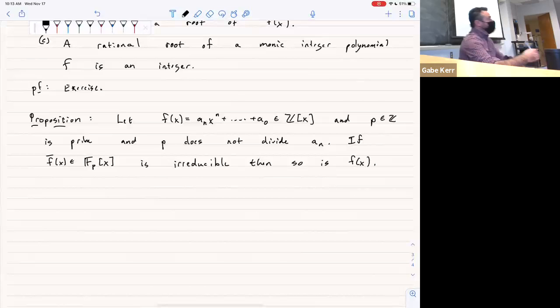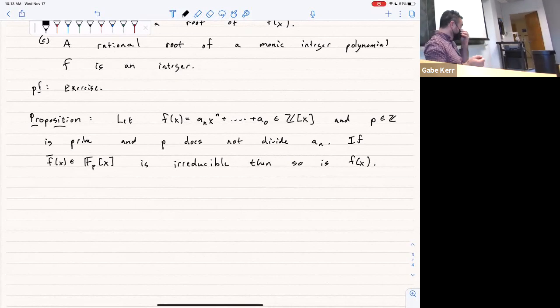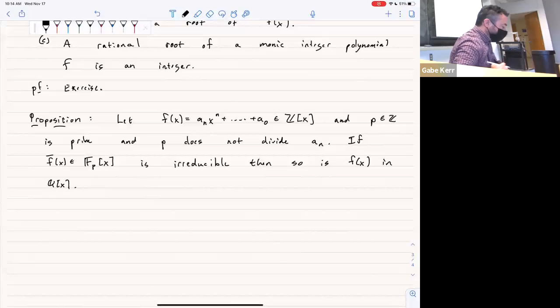I'll say that just generally: it's irreducible as an element of the rationals. This is not exactly the same thing, but up to being primitive it's the same. I may have an integer factor.